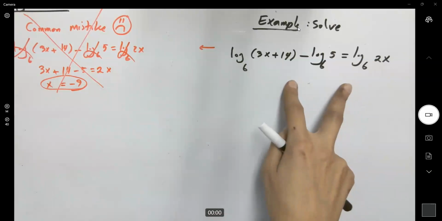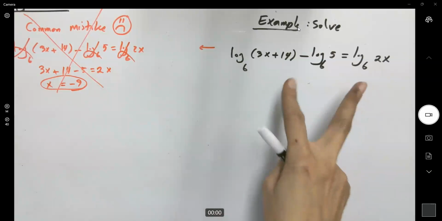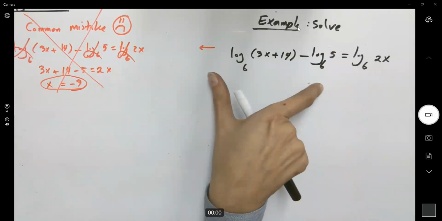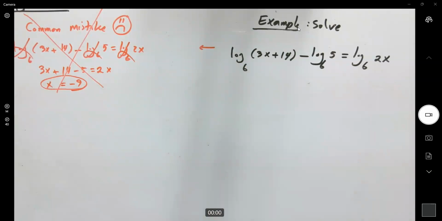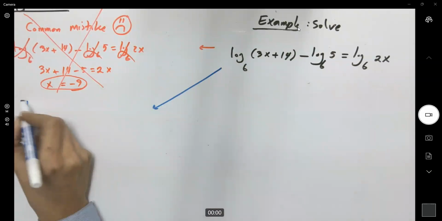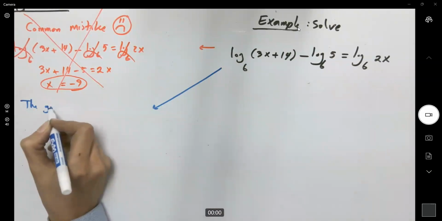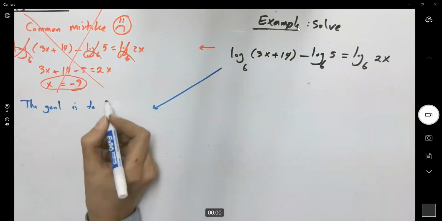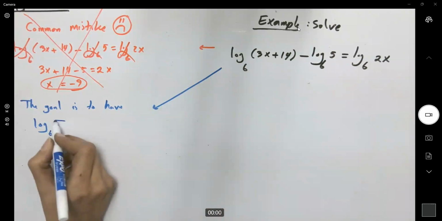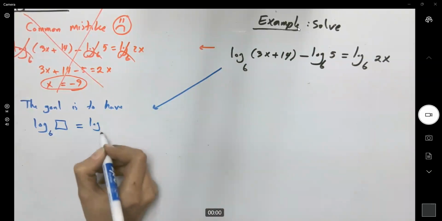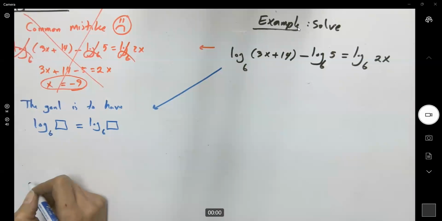Your goal is to have one log on the left and one log on the right. The goal is to have log with base 6 of a quantity equals log with base 6 of another quantity.